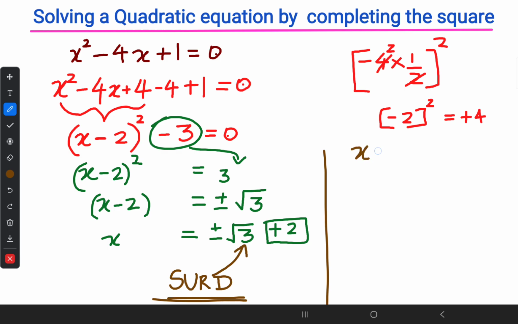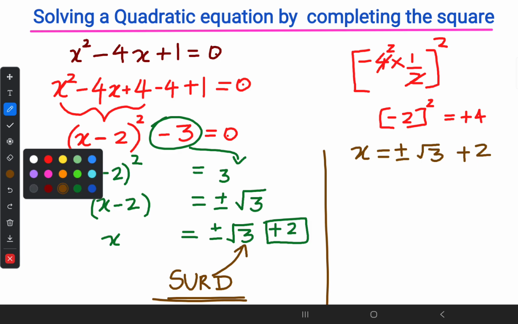So x equals plus or minus square root of 3 plus 2. This is one of the solutions. From here we need to find the solutions. Before that, sometimes in the question they will give you the square root of 3, because in the previous case the square root of 4 is easily found as 2, but the square root of 3 is a little difficult to find.